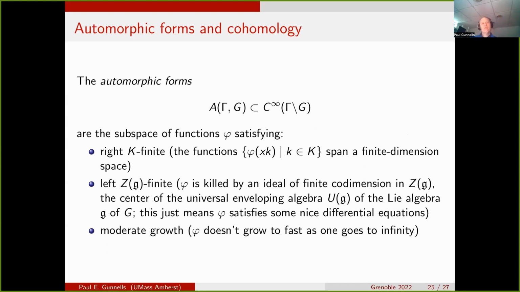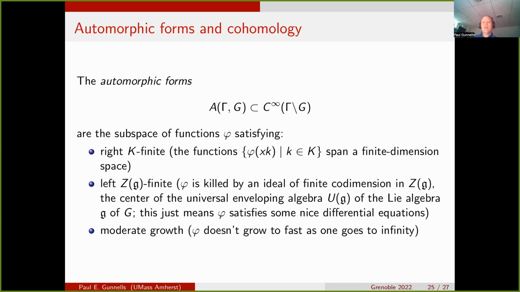First of all, what is an automorphic form in general? What's the general way to think about it? This is not the most general, but it's a relatively classical way to think about it. It goes back to Harish-Chandra, and there's a nice paper by Borel and Jacquet in the Corvallis volume talking about this, but it's essentially the same as whatever other way you want to think about these things.